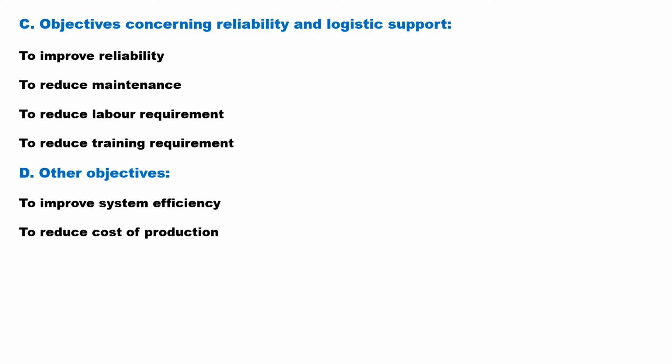Objectives concerning liability and logistic support. It includes to improve reliability, to reduce maintenance, to reduce labor requirement, to reduce training requirement. Other objectives. It includes to improve system efficiency, to reduce cost of production.